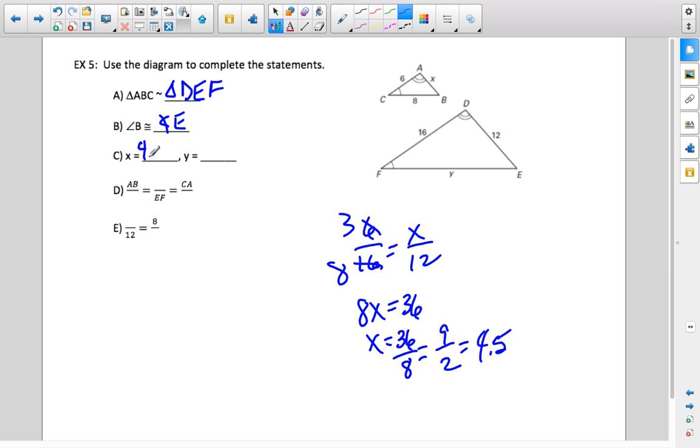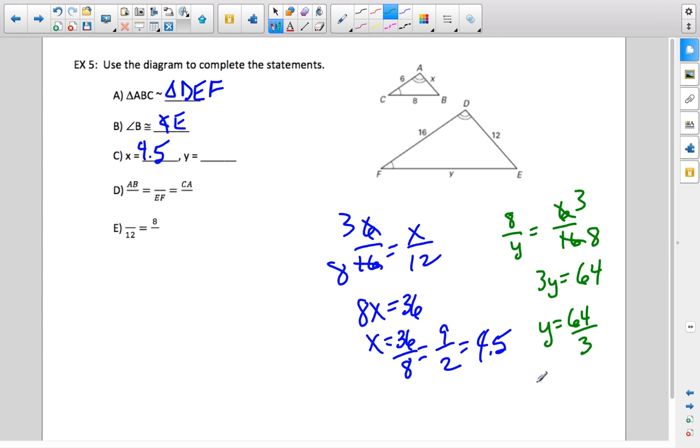So X equals 4.5, and now to check for Y, I can say 8 over the Y equals 6 over 16, which I'll reduce to 3/8. So I have 3Y equals 64, dividing by 3, Y equals 64/3. That comes out to be 21 1/3, or 21.3 repeating.